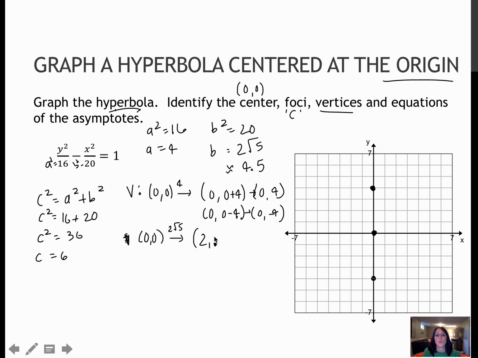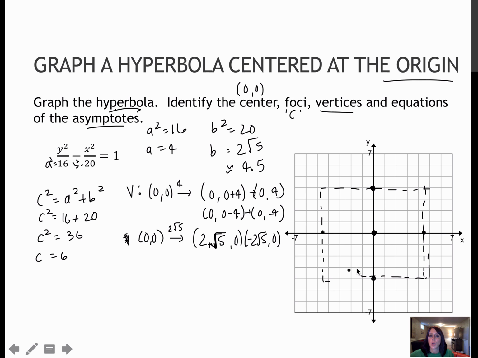So this would be (2 radical 5, 0) and (negative 2 radical 5, 0), so about 4.5 and negative 4.5. The reason I need those is because now I'm going to make my little imaginary box. The whole purpose of that box is to help me draw in the asymptotes.